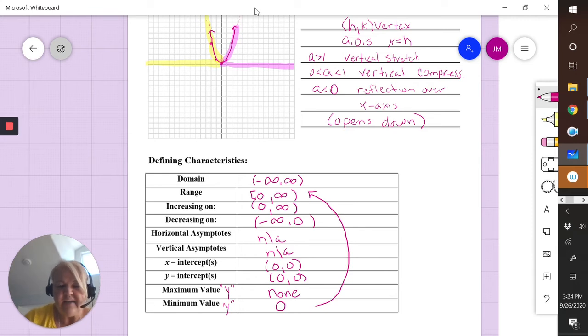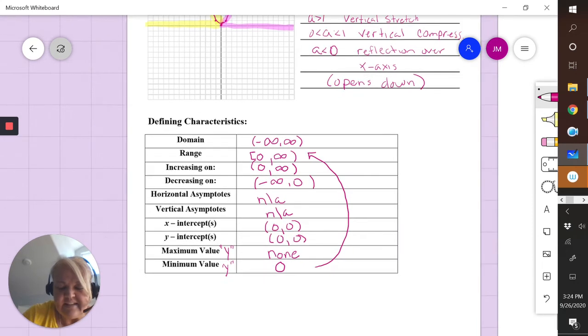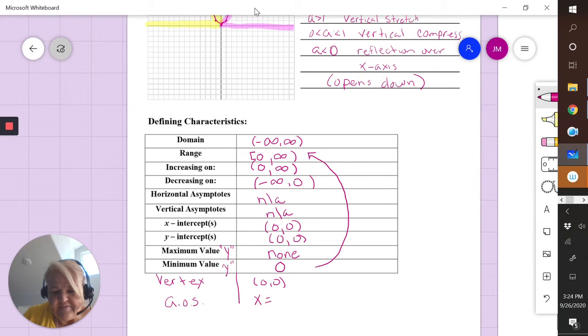One thing I didn't add to this, which I should, is two things: the vertex and the axis of symmetry. So the vertex is obviously (0, 0), and the axis of symmetry is the vertical line x equals 0.